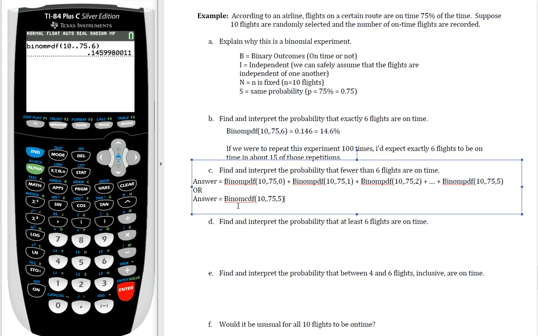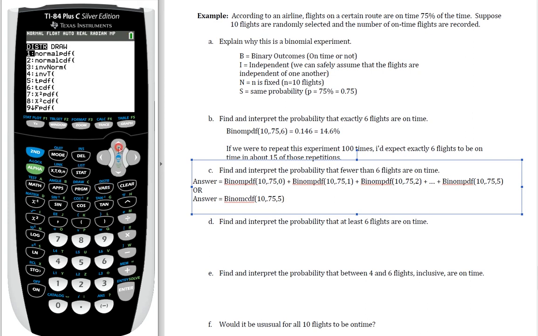That's what CDF is. This is exactly the same thing as Binomcdf up to 5. That is located in the same place, so I'd say second, vars, and we'll see it here on B. If I run that, it asks us for the same exact prompts: the trials of 10 flights, 0.75 probability of success, and 5, up to 5 flights being on time.